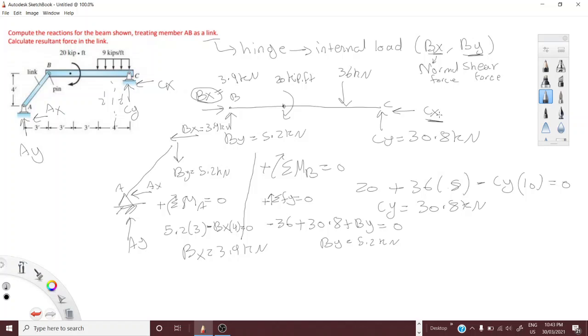Now if we take the summation of Fx equal to 0, we get minus Cx plus 3.9 equal to 0, where Cx is equal to 3.9 kilonewton.